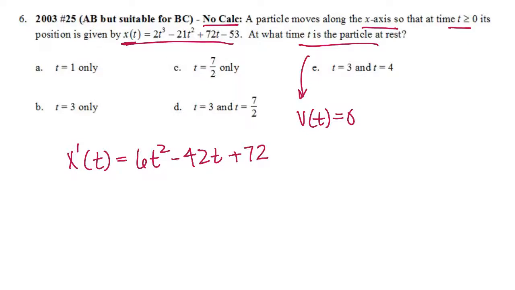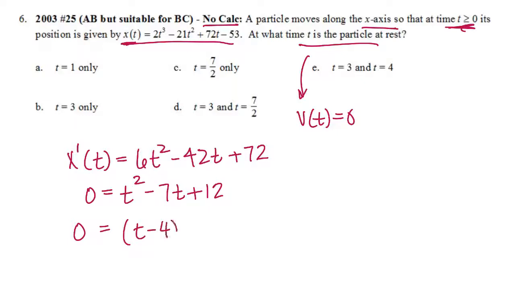Now we set this equal to 0 and get rid of a common factor of 6, so we have t squared minus 7t plus 12. We factor this, and we need to pay attention that t was greater than 0, but once we solve this quadratic, both time values should be greater than 0. So here we have time at 4 and time at 3. That's going to give us answer choice E.